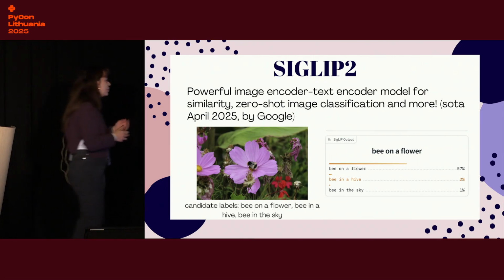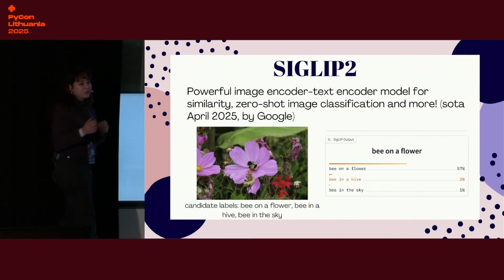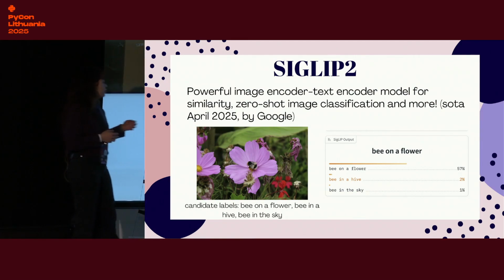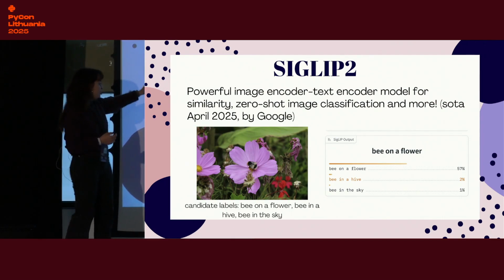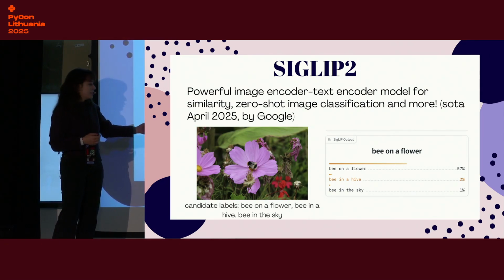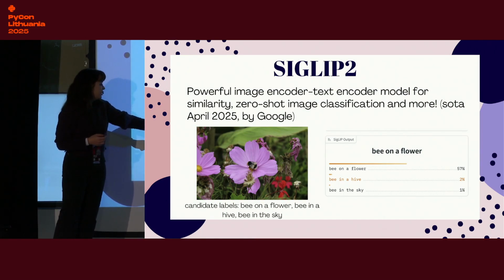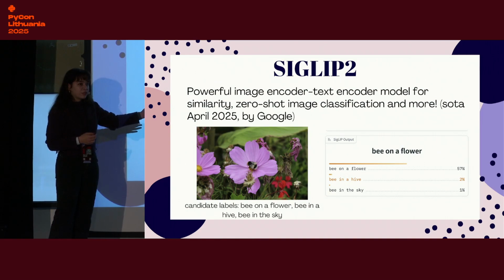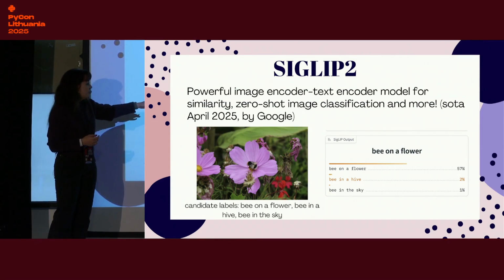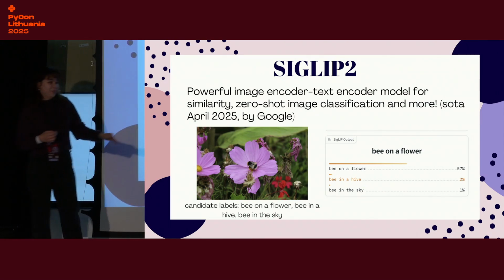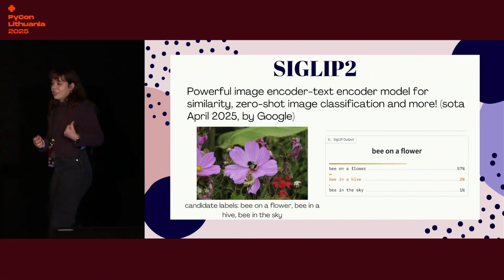So for instance, if you want to use it right away out of the box, instead of doing a lot of image similarity, you can input this image and give a bunch of labels to predict. There is bee on a flower, bee in the hive, bee in the sky, and it will give scores to each of the labels, saying, hey, this is most likely the bee on a flower and not bee in a hive. So it does zero-shot image classification.